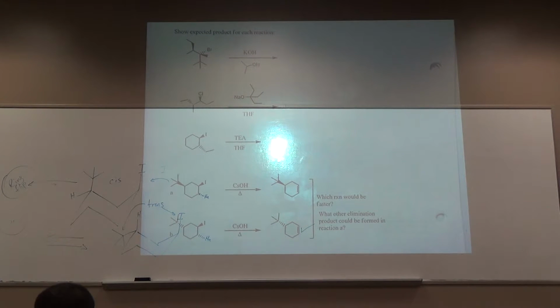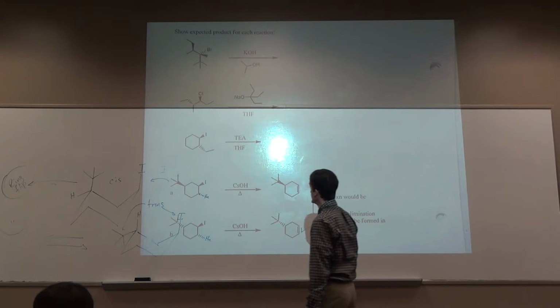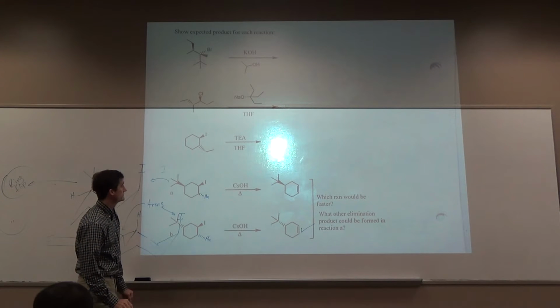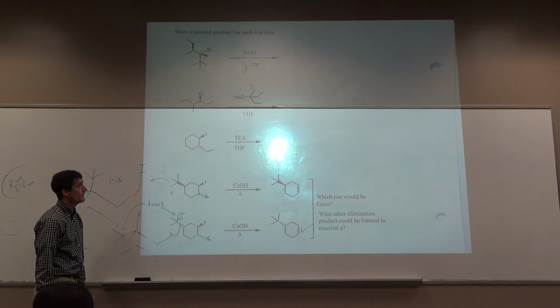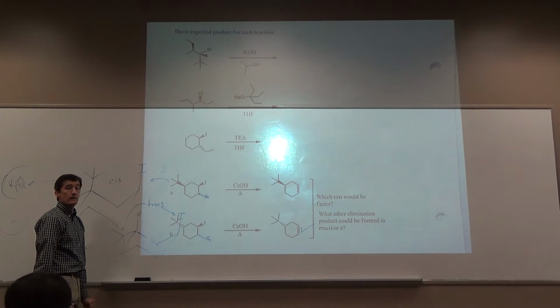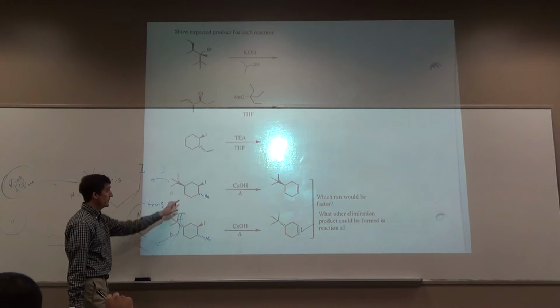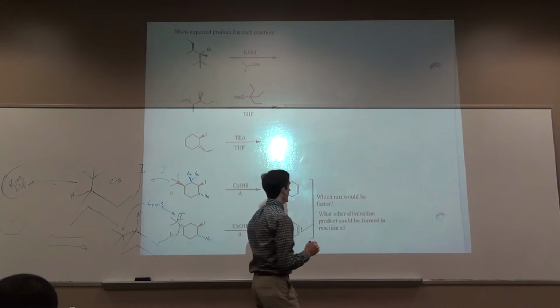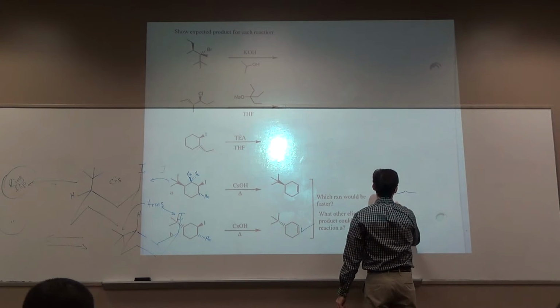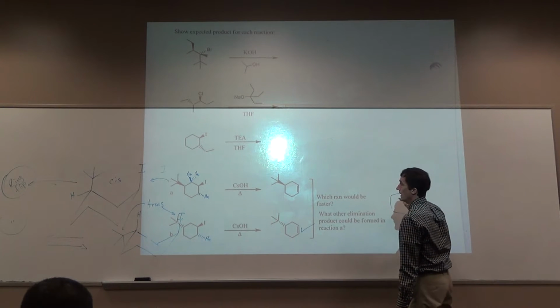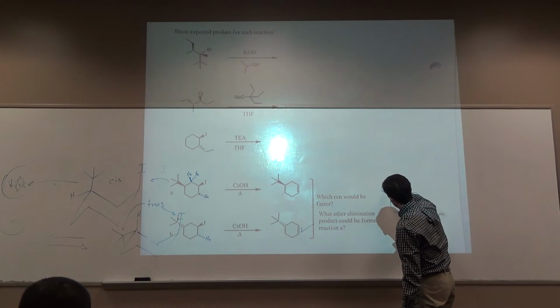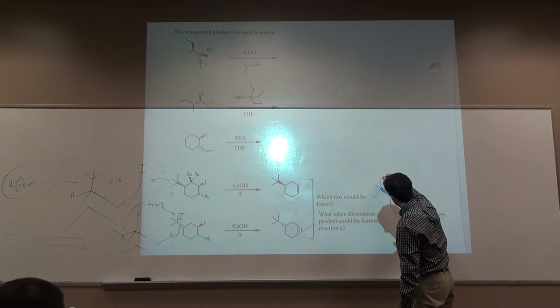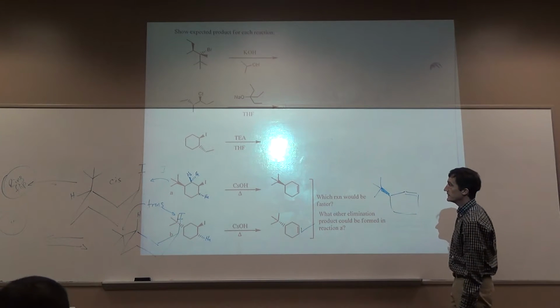What other elimination product could be formed in reaction A? Double bond up here, because you also have beta hydrogens up here. And yeah, double bond up there. You still have your t-butyl, no stereochemical change there.